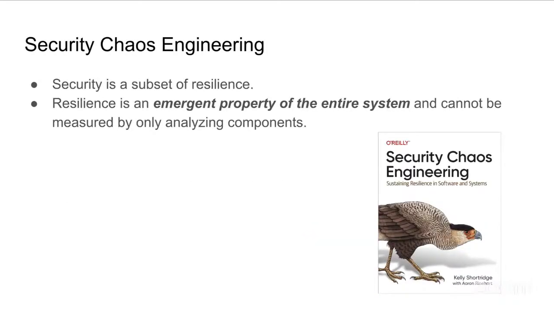And the quote is in this book by Kelly Shortridge. I think she attributed the quote to you? She said you're the one who came up with it. But in this book, she basically says that resilience is an emergent property of the entire system as a whole and cannot be measured by only analyzing components. Right? And I think that's a very, very interesting idea.